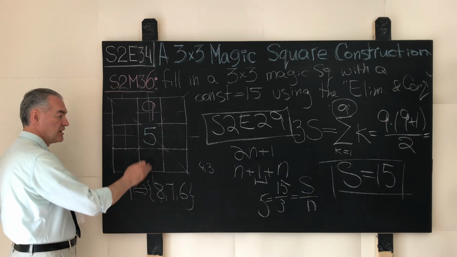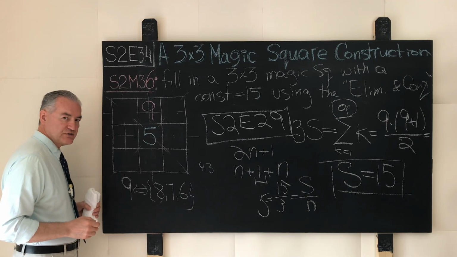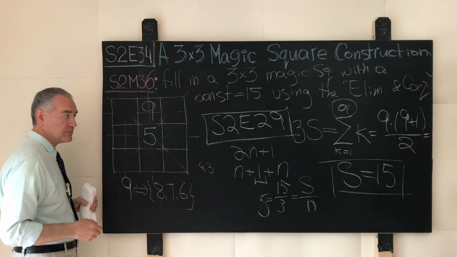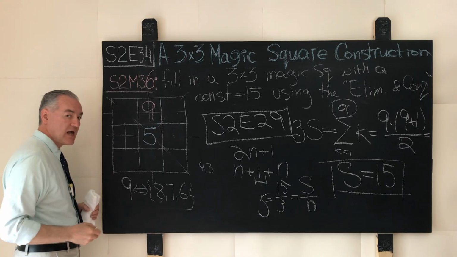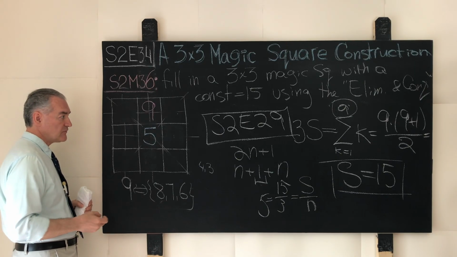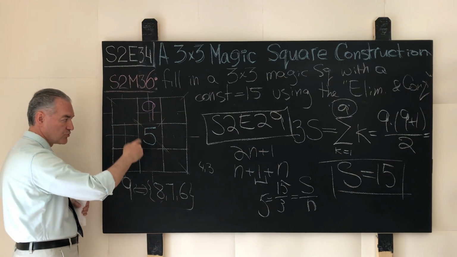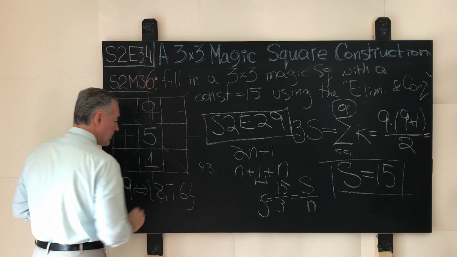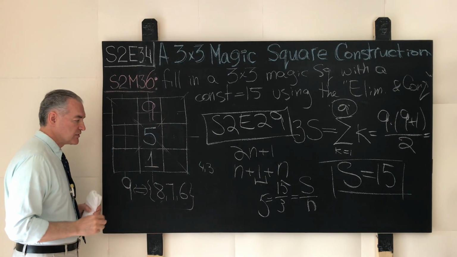But in this case, all the other choices are eliminated. 9 and 5 is 14. 15 minus 14 is 1. So the contents of the bottom cell, in this case in the central column, is locked in.